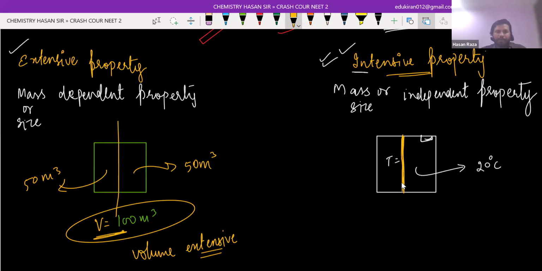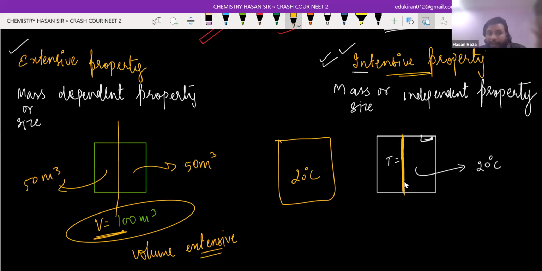So can you tell me whether the temperature in both sections will be the same or different? What do you think? Same. It will be the same, Samaira. I just divided this class with a bed sheet. Initially, it is a whole class which has a temperature of 20 degrees centigrade. Now I divided this class into two parts with a boundary, a bed sheet or anything.